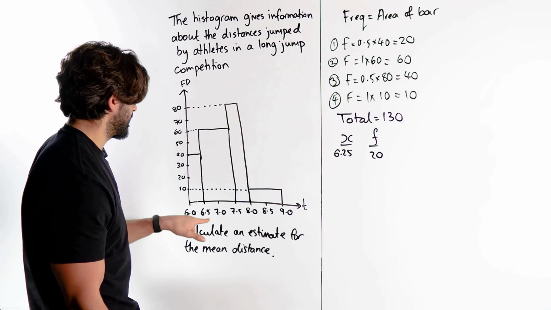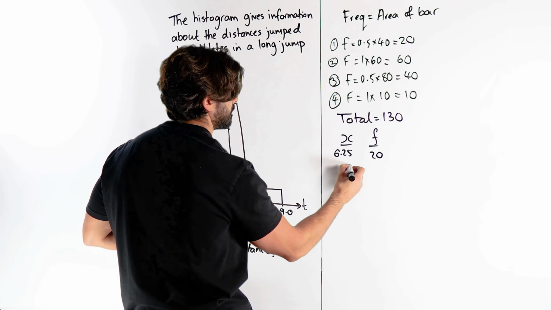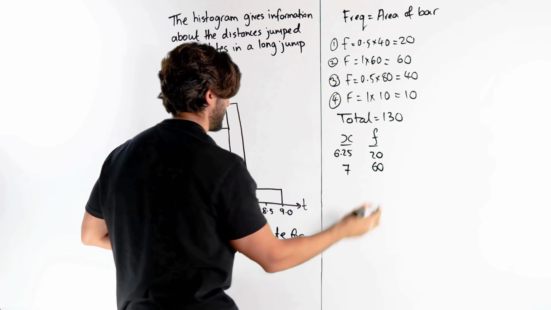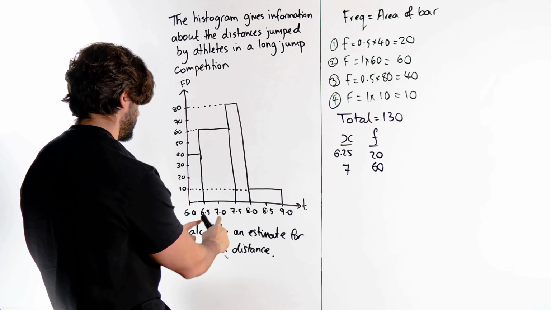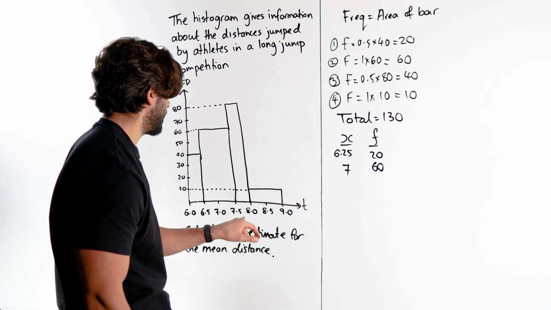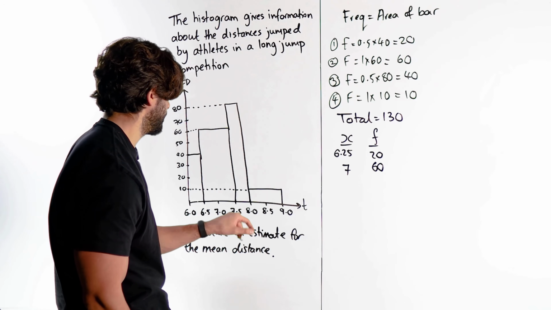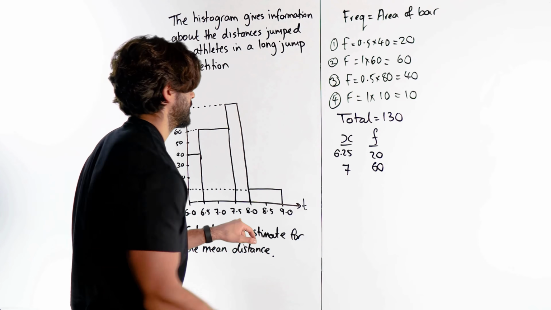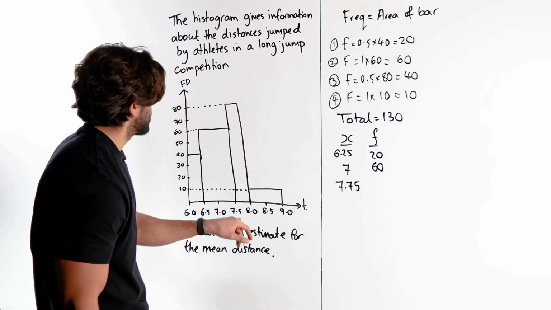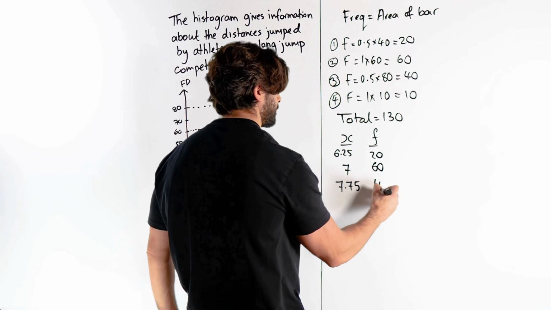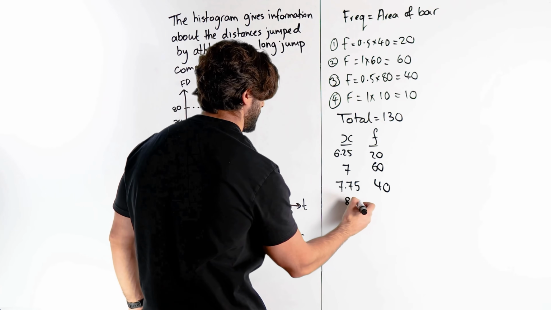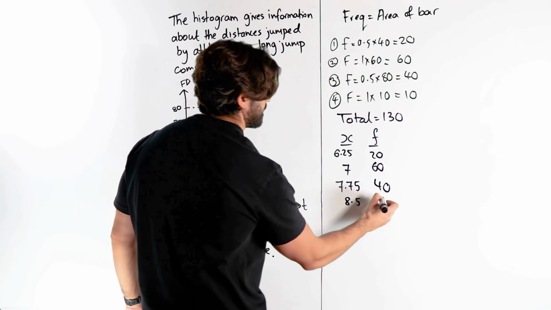Then for this one, you can see that the middle is 7, and 60 is the frequency there. Here, the middle between 7.5 and 8 is 7.75, and for that third group, it was 40. And finally here, the middle is 8.5, and that group was 10.